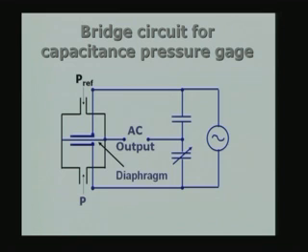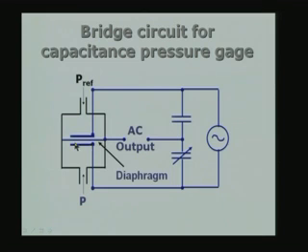With this background, let us look at the circuit which we will use for measuring the capacitance change. I have given a schematic of a possible circuit for this case. Towards the left of the diagram, you have a chamber in the form of a hollow cylinder, and we have the diaphragm right in the middle.